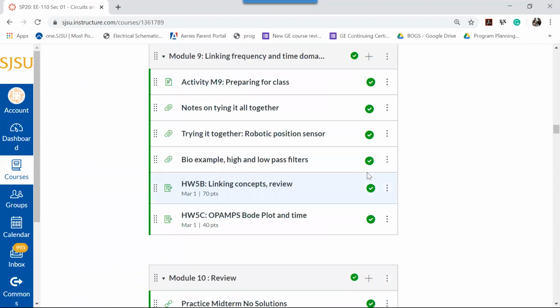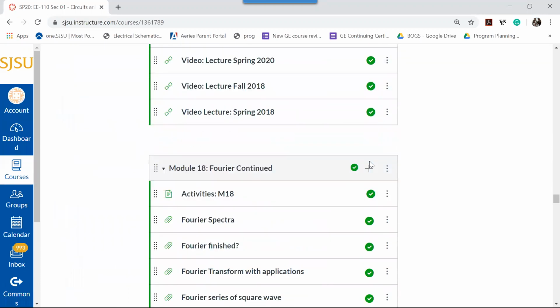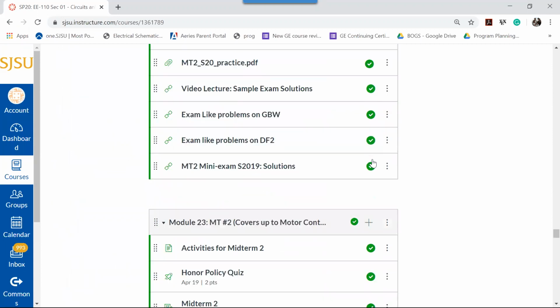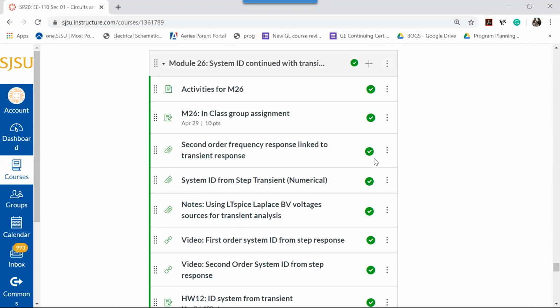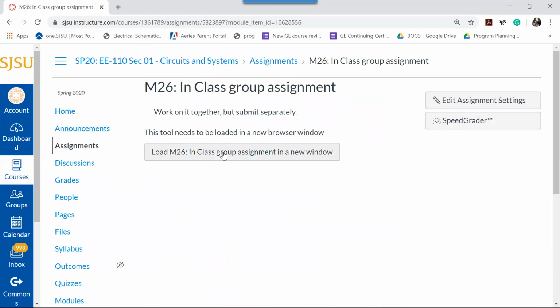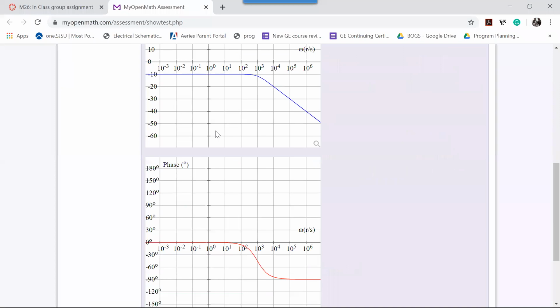If you go to module 26, it's M26 in class group assignment. You load it. I see your questions, and there's just one question there that you have to do.